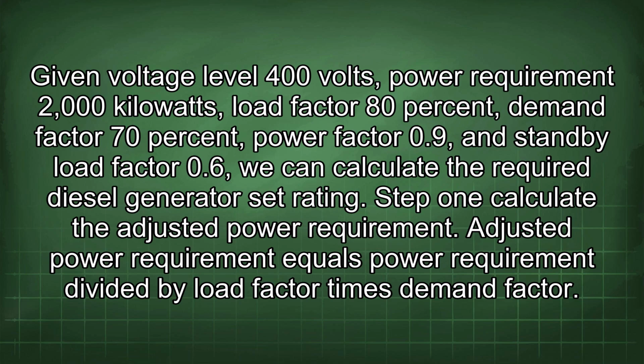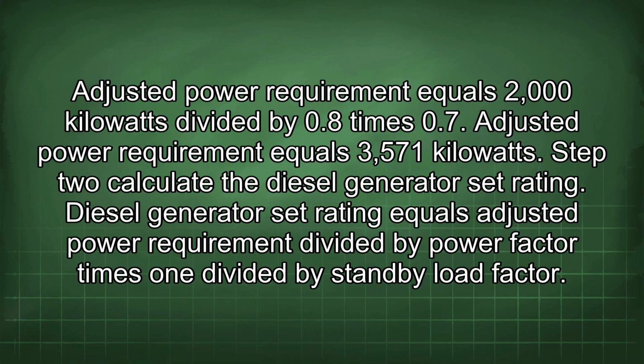Adjusted power requirement equals power requirement divided by load factor times demand factor. Adjusted power requirement equals 2000 kilowatts divided by 0.8 times 0.7. Adjusted power requirement equals 3571 kilowatts.